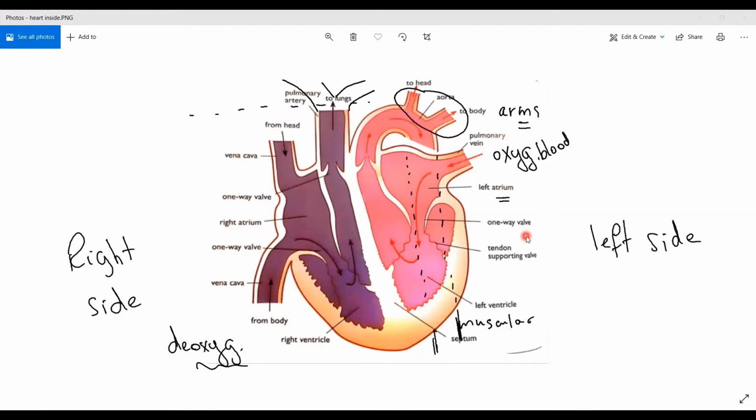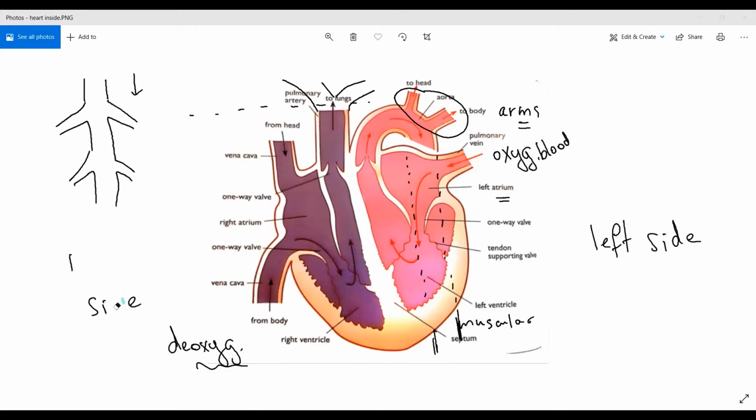During its passage it's going to give branches. But let me draw this. If this is the aorta, which is passing to the lower part of the body, along its pathway it is giving branches like this to every part of the body. Let me erase this because I need this area.